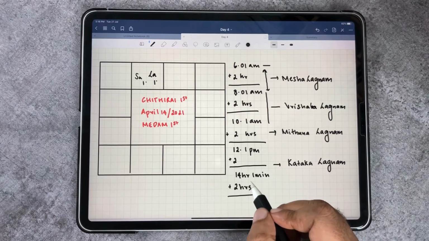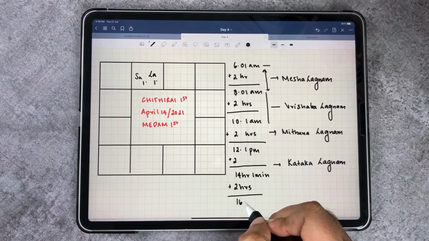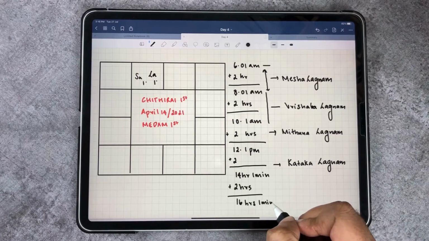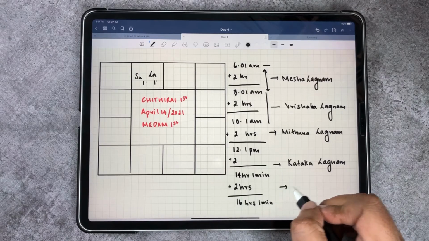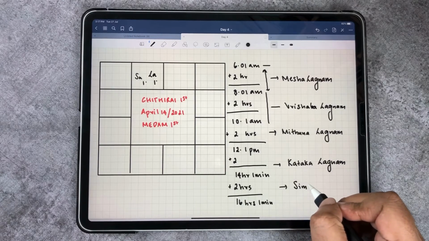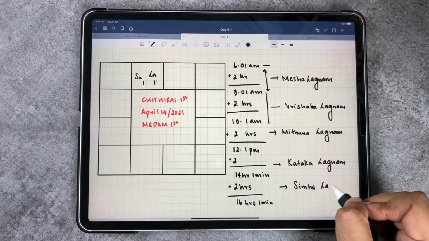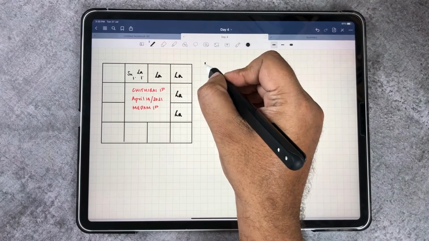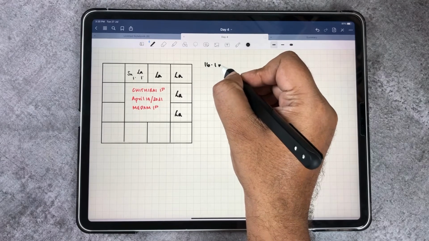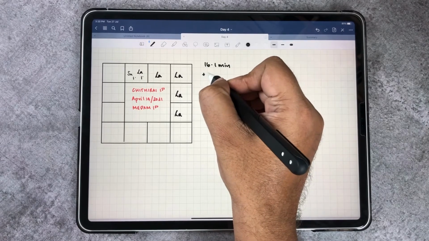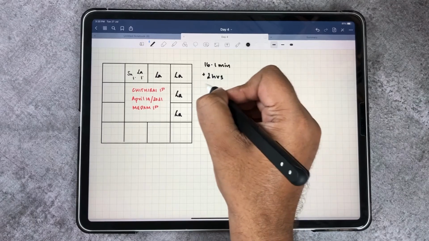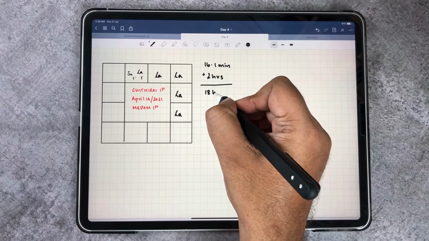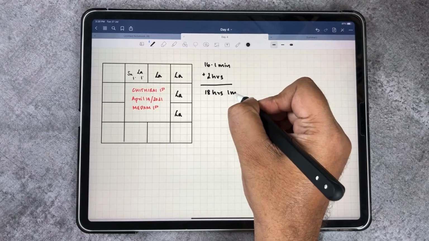So from 14 hours 1 minute to 16 hours 1 minute, we have Simha Lagnam. So we have 16 hours 1 minute, add 2 hours, you would have 18 hours 1 minute.